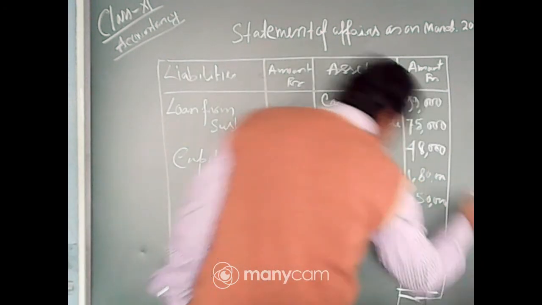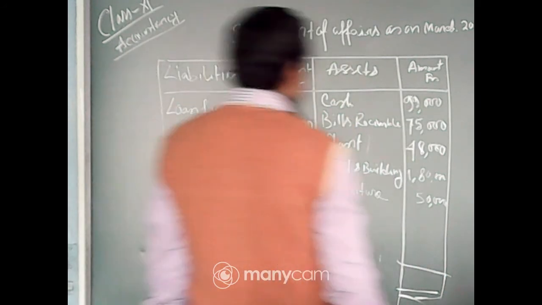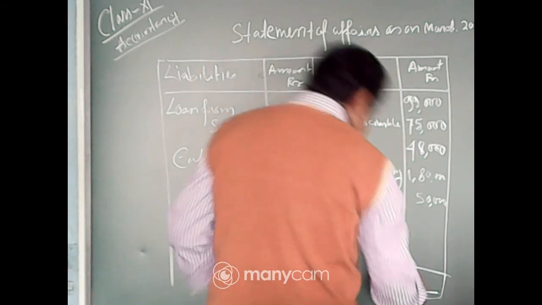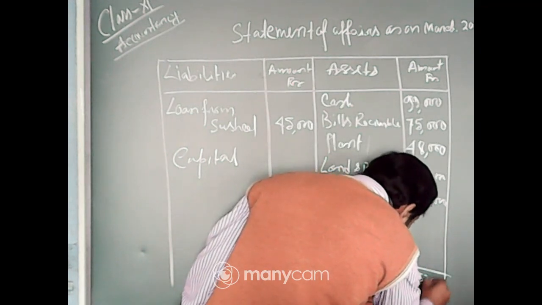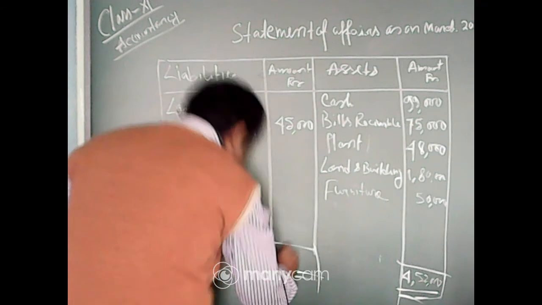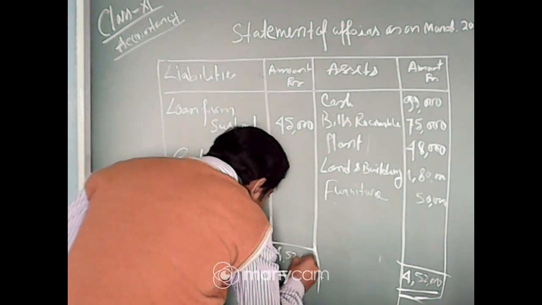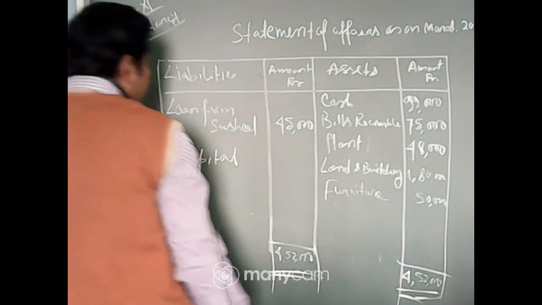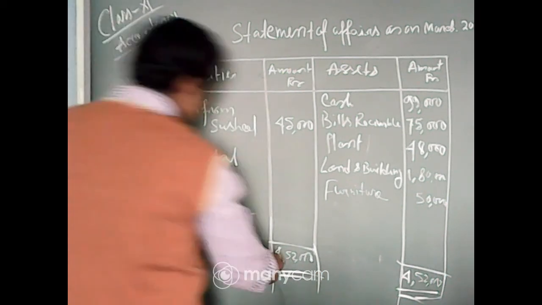Now see, just sum the right side, the asset side, that is 4,52,000. We know in a balance sheet assets are always equal to liabilities. So on the liability side that is 4,52,000.